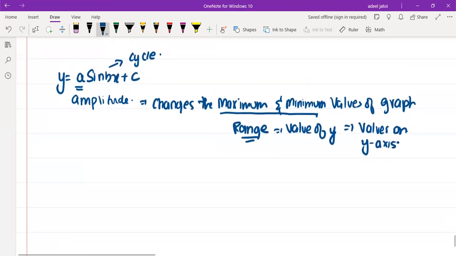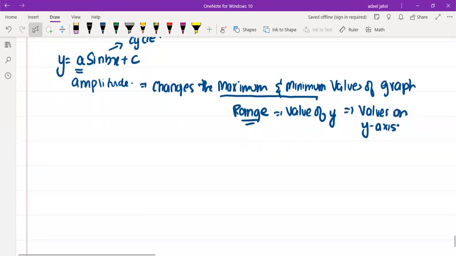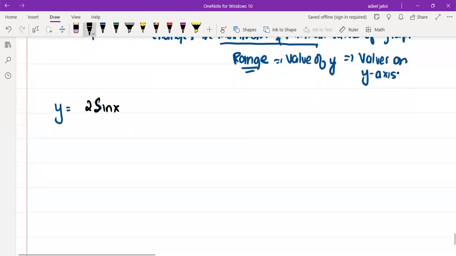So now, when we are working on amplitude, you need to understand that you are changing the values of y. If I have a similar question, let's say we have 2 sine x.